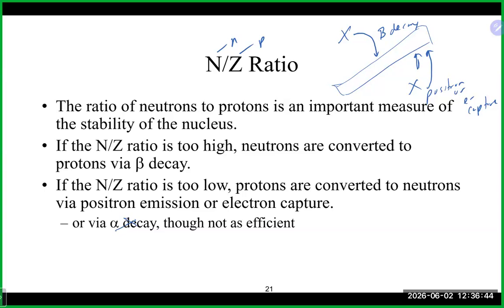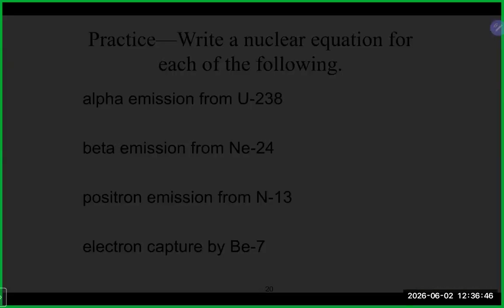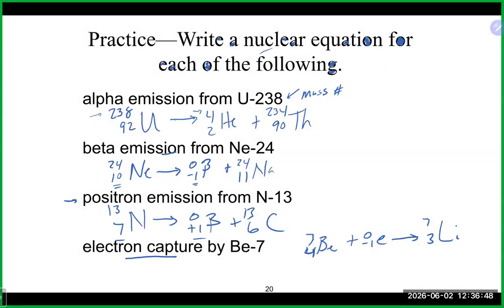And you may be saying, would I get something different if I did either of those? We could use the one we just did as an example. This is an electron capture. If I'd started with the exact same thing and did a positron emission, it would look something like this. My missing atomic number would be 4 minus 1, which is 3, and 7 minus 0, which is 7.